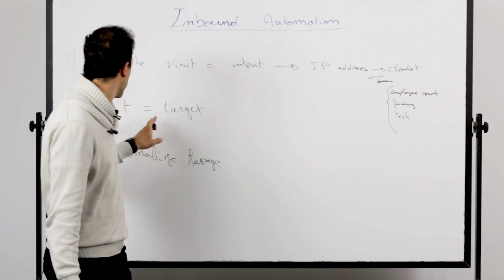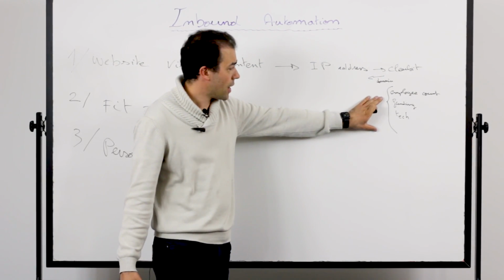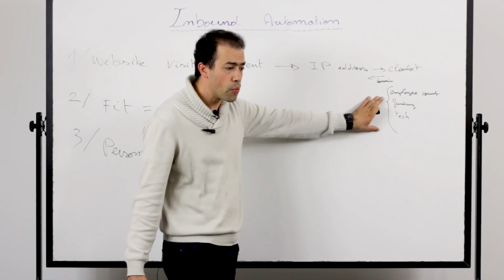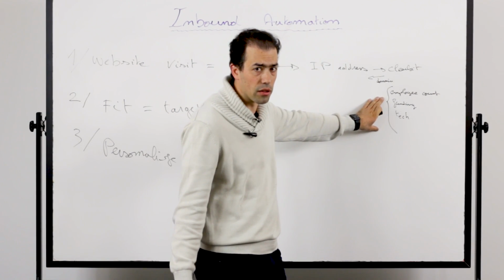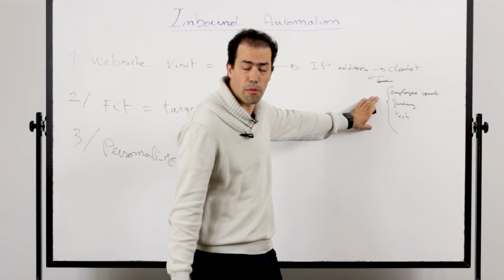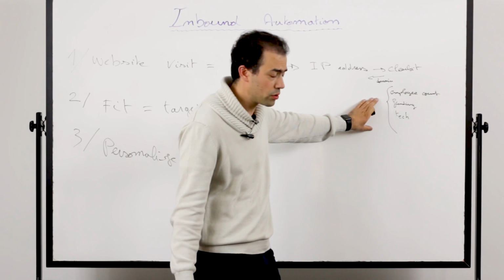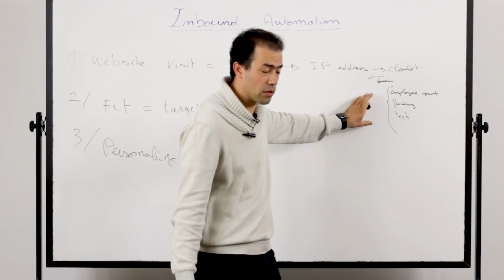And we now are on the second part. How do we know if they're a good fit? Well, once you do that, you can actually retroactively build a lead scoring model that is based on your past conversions. So you can apply your past 12 months of conversions in your lead scoring model.